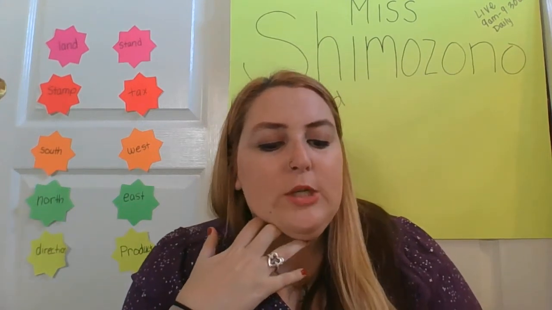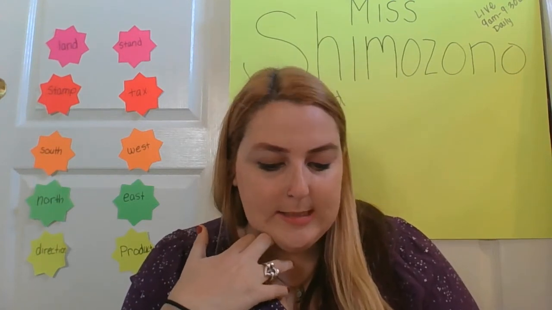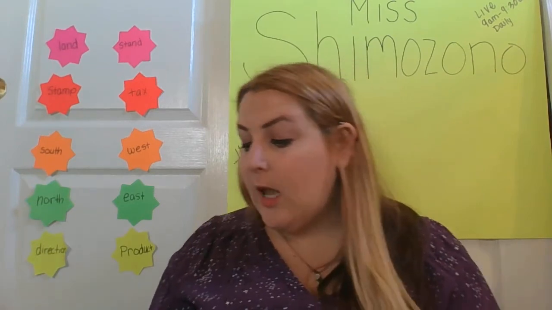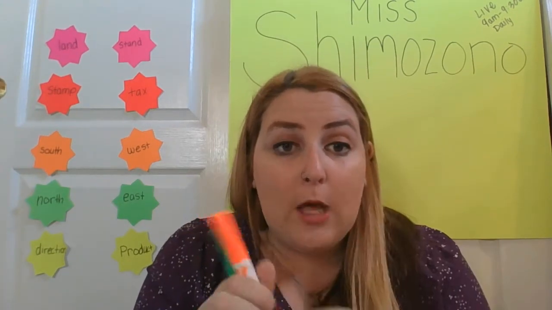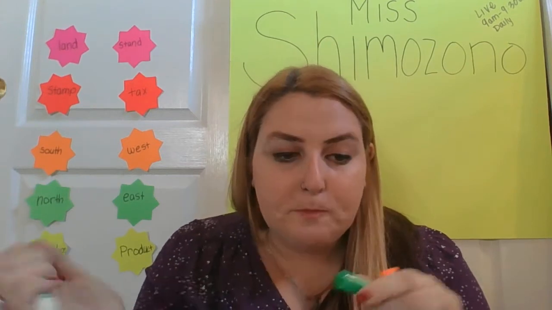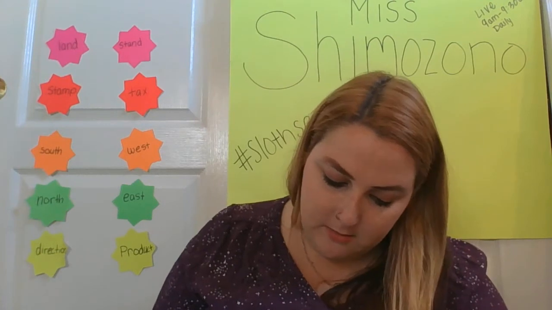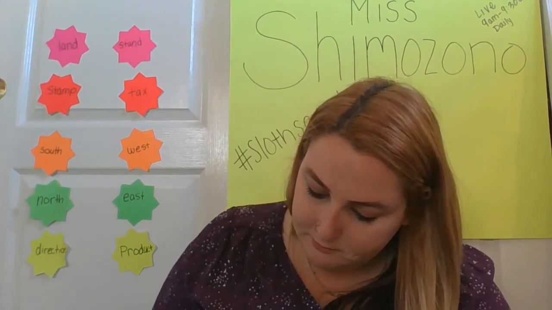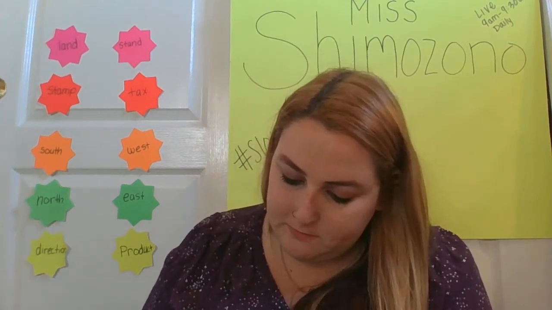So we're going to underline the complete subject once and the complete predicate twice. So again, I'm going to underline in 2 different colors. It really helps me understand the difference. So my subjects will be green, and my predicate will be orange.